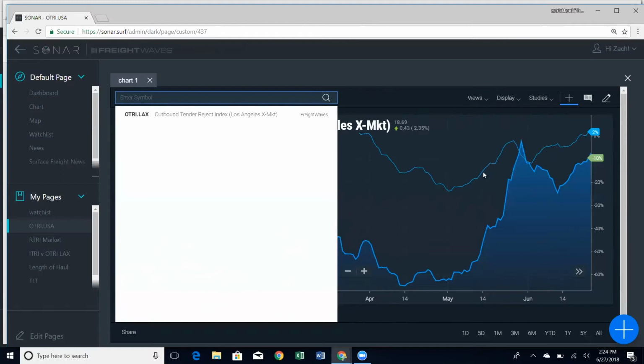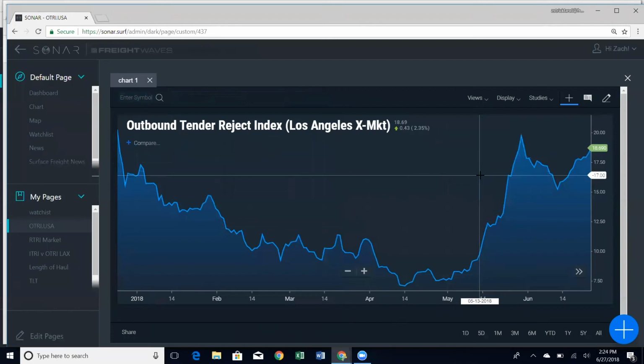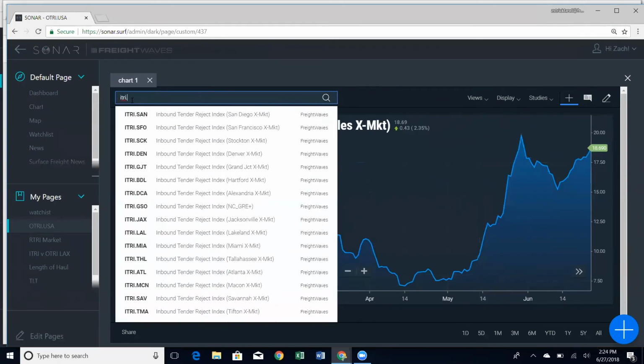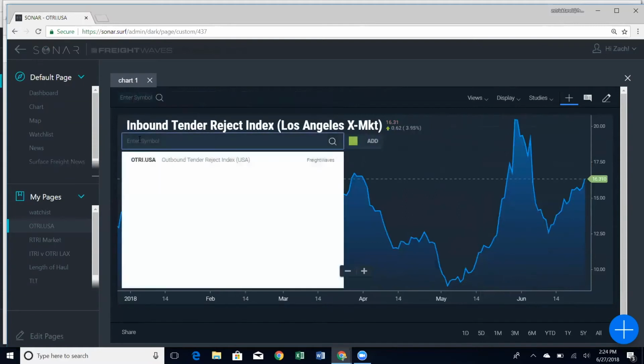I'm going to go ahead and throw back up the iTRI to really drive home my point about the backhaul equilibrium market here real fast.